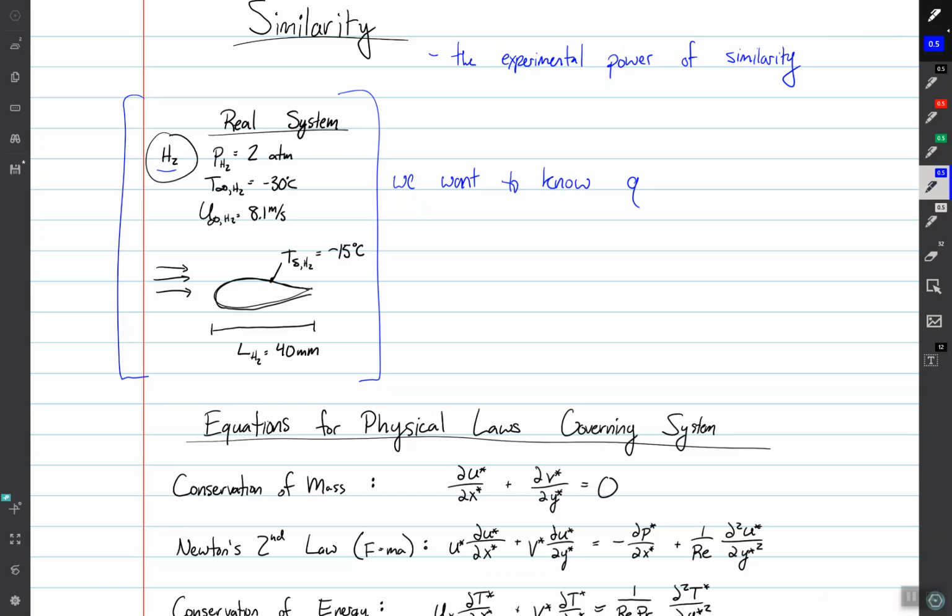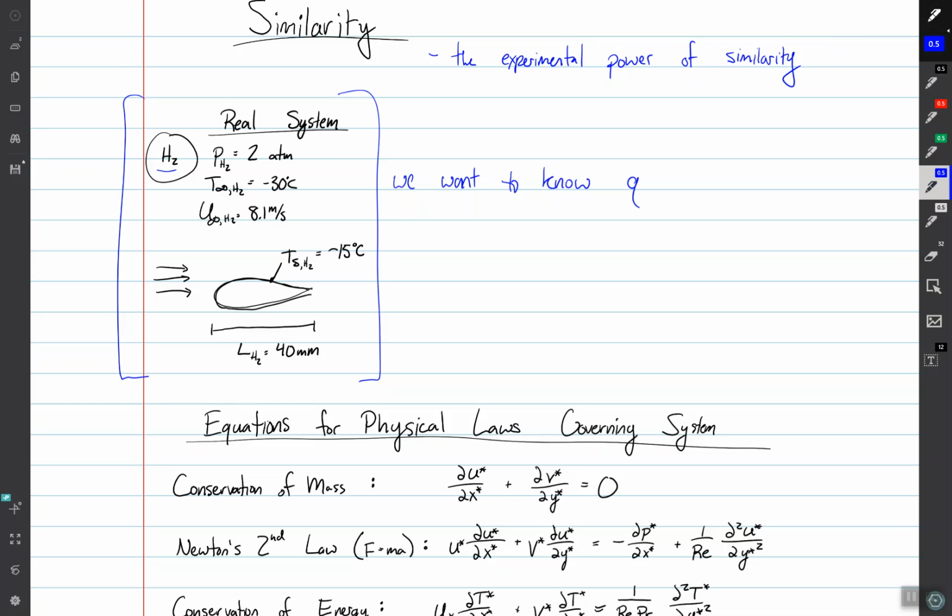So how we could do that, we could do some calculations and predict it. Those calculations would have some errors in them, so we may not actually be able to get a super accurate result. So another thing that we could do is take a step back and say, instead of doing a calculation to predict it, we could do an experiment and measure it.